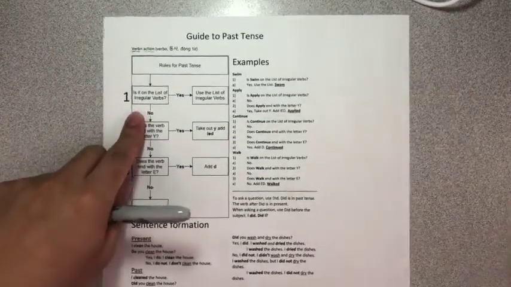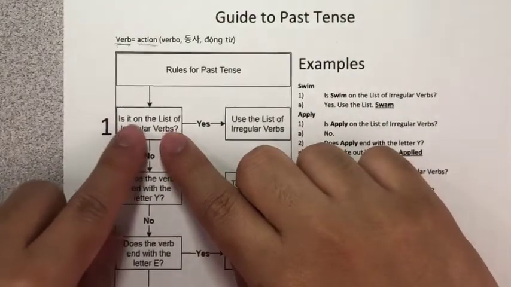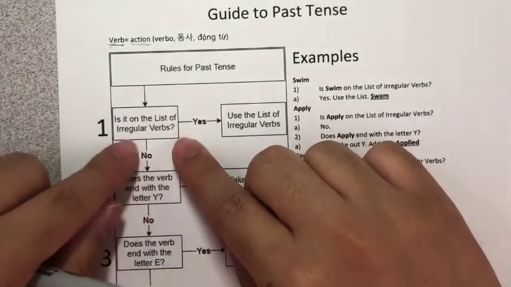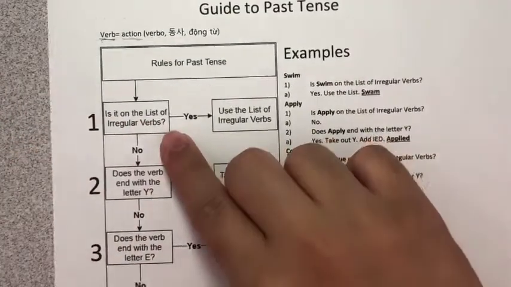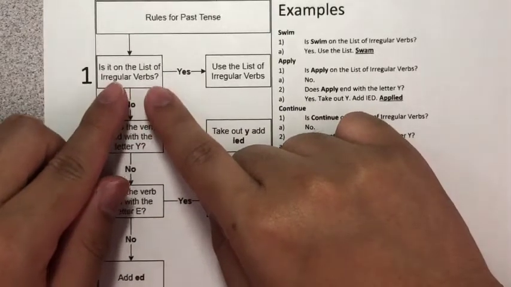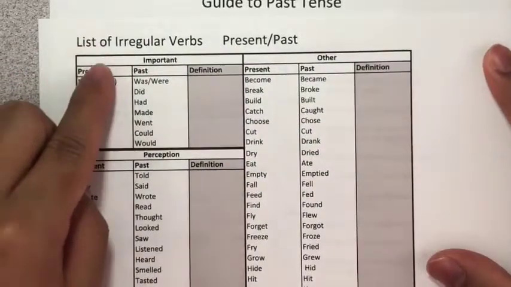Rule number 1. Is the verb on the list of irregular verbs? So the first question is, is the verb irregular? If the verb is irregular, you can find it here.